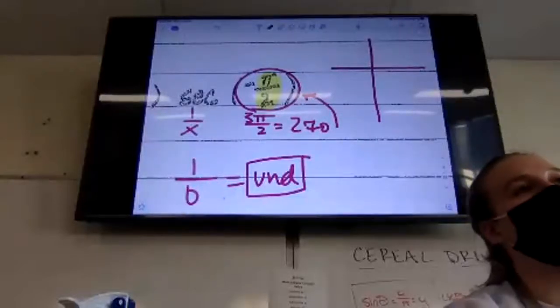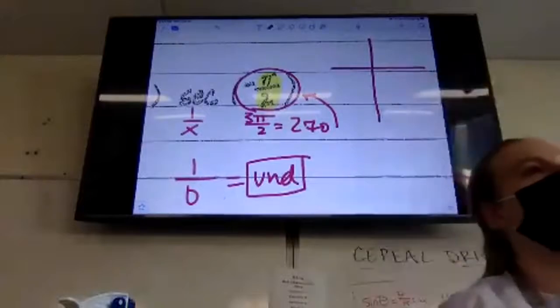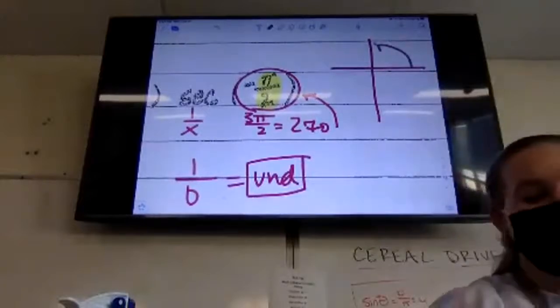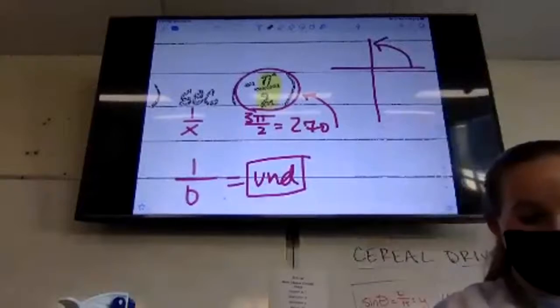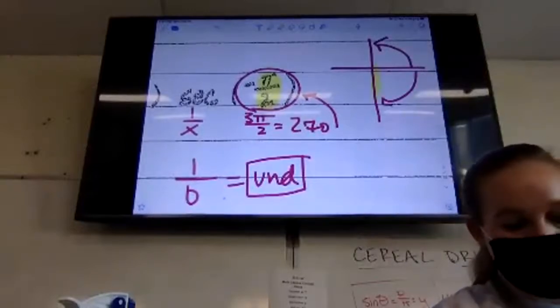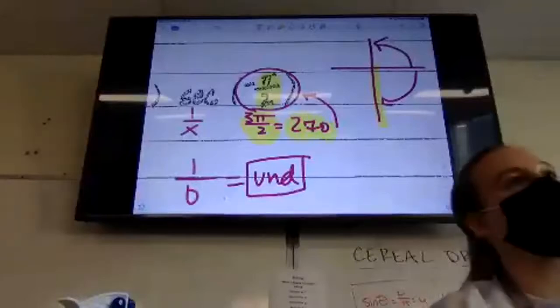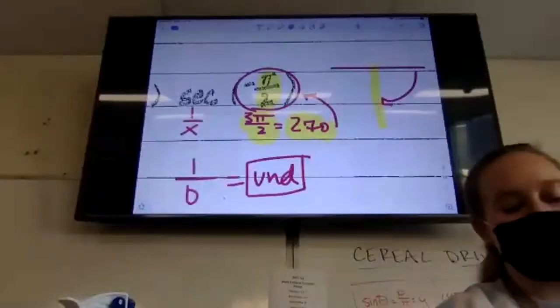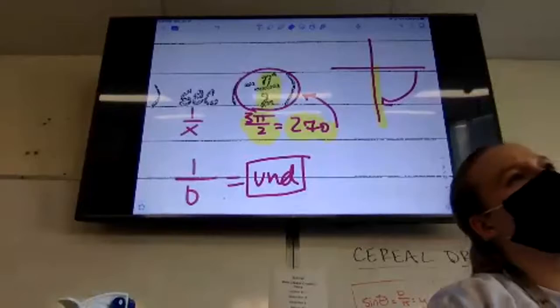How many degrees is that if I go normal distance from 0 to pi over 2? How much is that? 90. So instead of going positive 90, we're going to go down and around and go negative 90. So I'm stopping right here, and that is this angle, 3 pi over 2 or 270. The negative just means I'm going down instead of up. You okay with that? Yeah.